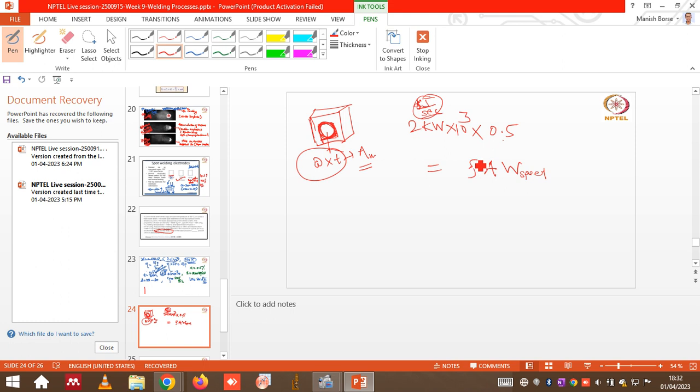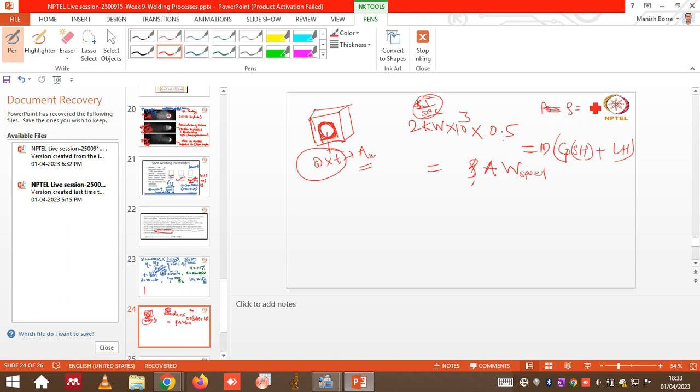So for melting that much area, obviously we have to consider the specific heat of that material and its latent heat, right? So specific heat plus latent heat multiplied by how much mass we have to melt. Mass is density times volume.